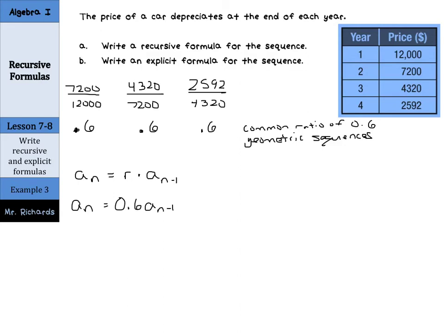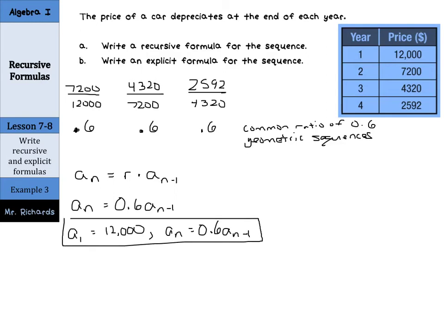Now, to finish that off, let's write our first term. a(1) is going to be 12,000, comma, our formula, a(n) equals 0.6a(n minus 1). And that is our recursive formula for the sequence.